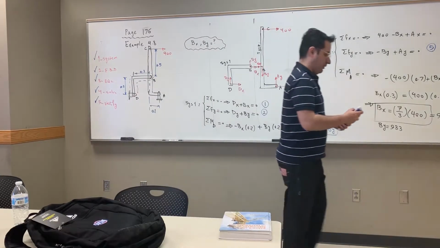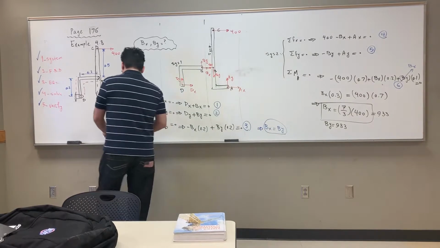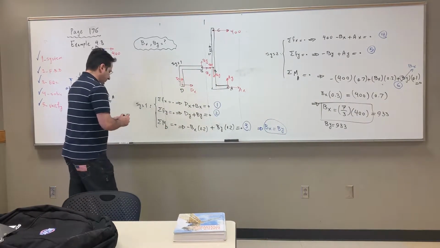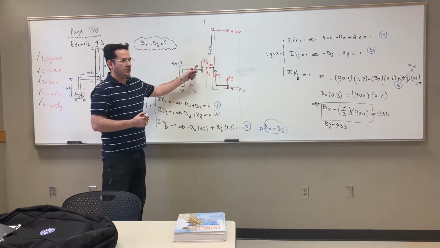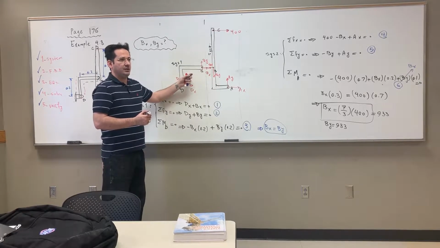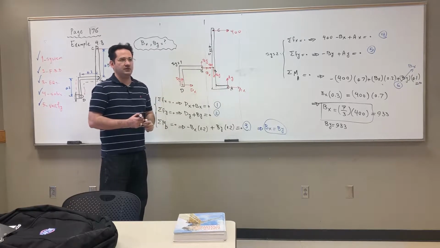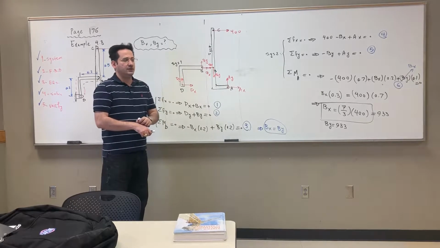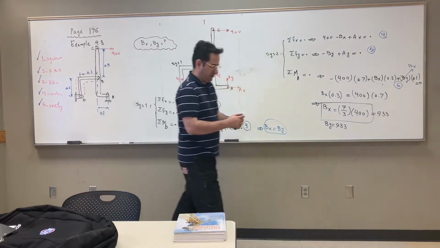Now I want to show you a trick. It's called a two-force member, a member that only has two forces. As you can see, this L-shaped connector has two ends, and there is one force here, one force here. Now if we just consider this member, let me draw it here.